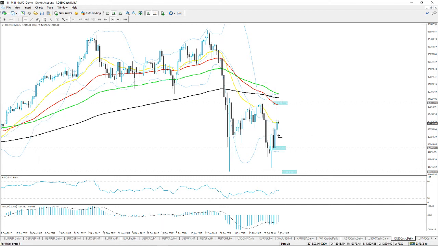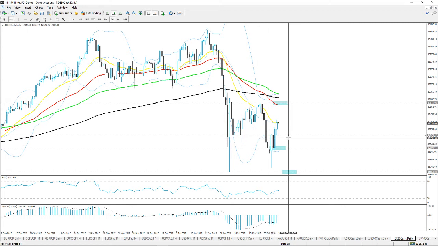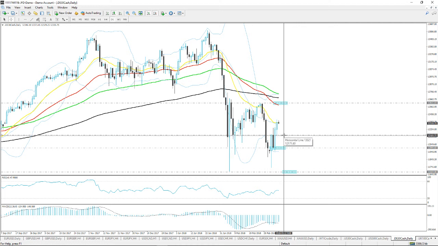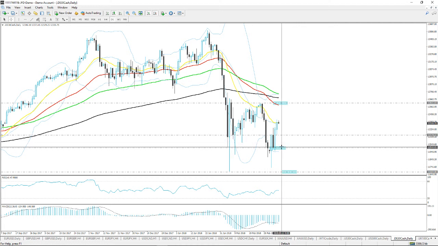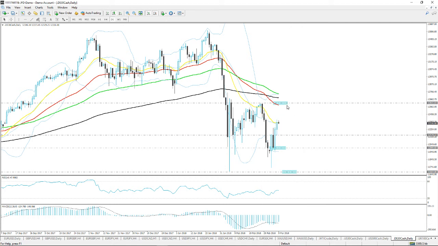This is a good one to watch out for. If we see this move back towards the 12,170, and we get a break below this, this could get pushed back towards the 12,000. Let me just highlight this for you guys. There we go. This is the area that we're looking at.